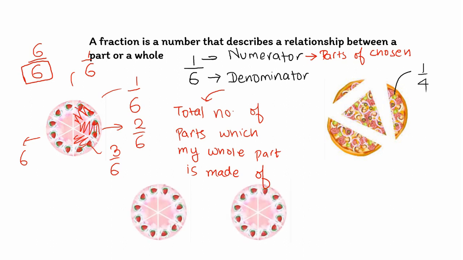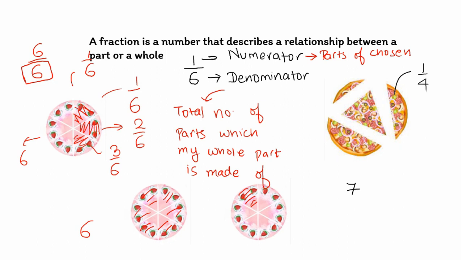Let us see what it is. Suppose I have 2 cakes here, right? My whole is that I have 6 parts that make my whole cake. Now I choose the whole cake over here and I choose one more part from this cake. How would I write this in fraction form? Can you tell me?